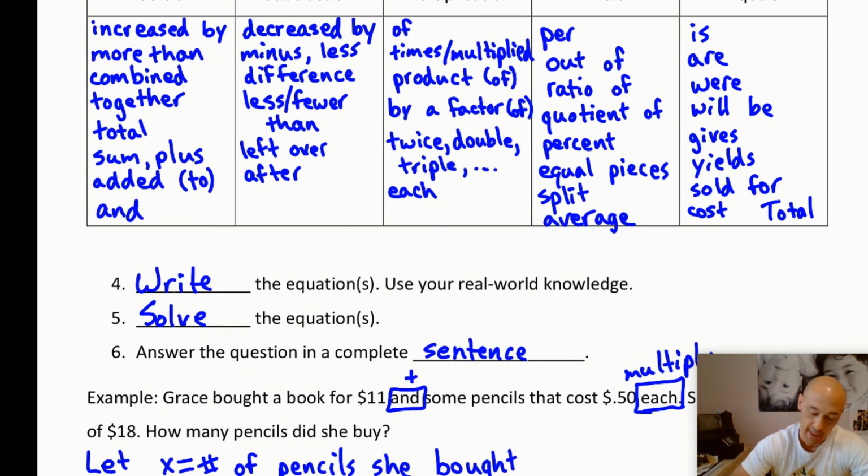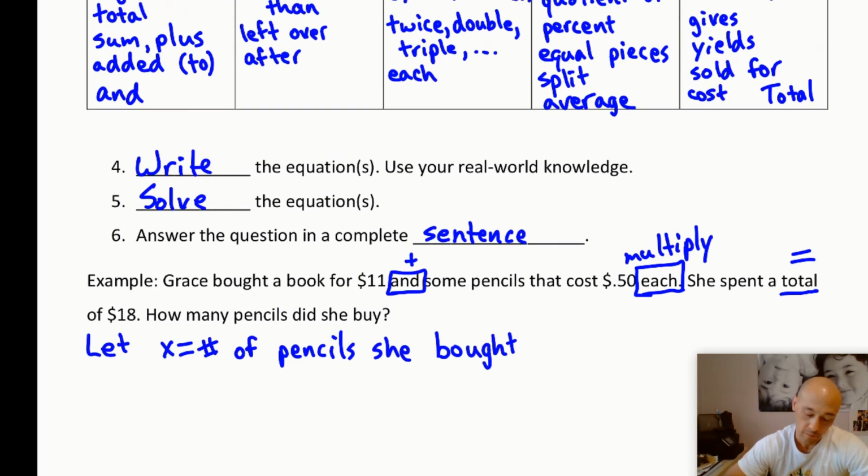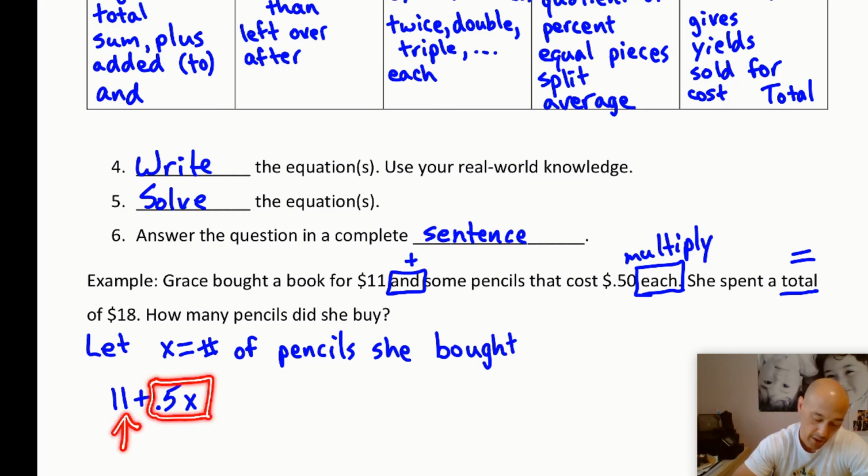And often means addition. So Grace bought a book for $11 and some pencils that were 50 cents each. So 0.5, that's half of a dollar, times the number of pencils she bought. So this is how much money she spent on pencils. This is how much she spent on the book. And it is a total of $18.